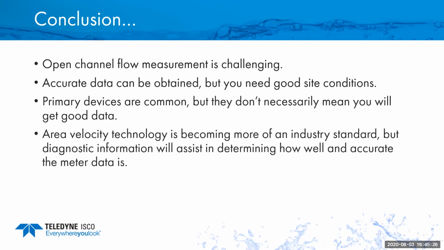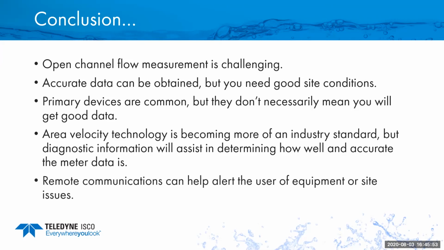Area velocity, that's becoming the way of the industry, and we see it all the time, a lot of times more for I&I studies, but we are also now seeing it more for billing applications, as Steve mentioned earlier, where you don't have to put something in the water itself. But the diagnostics really help you determine, is this thing working right or is it not?